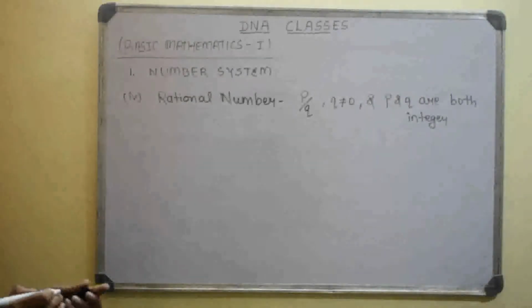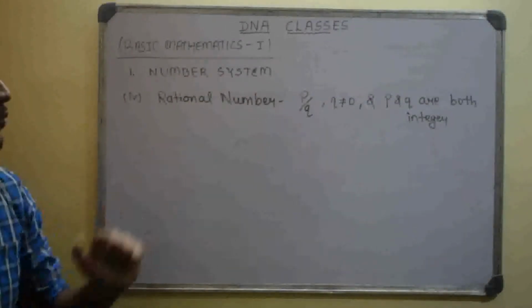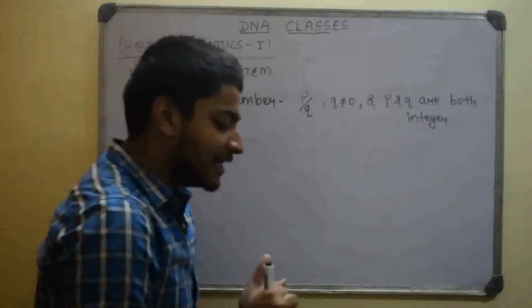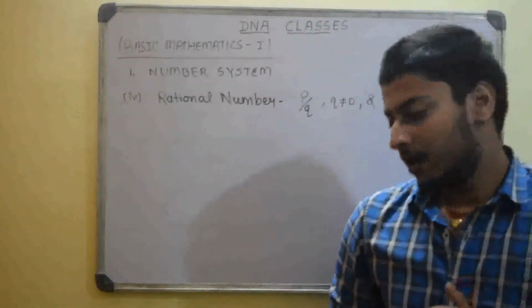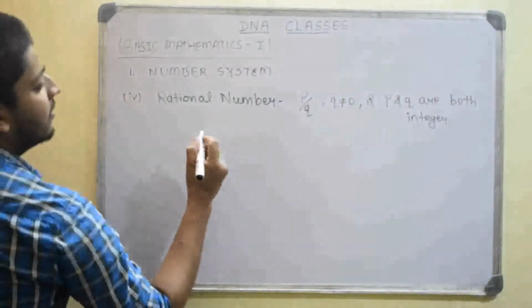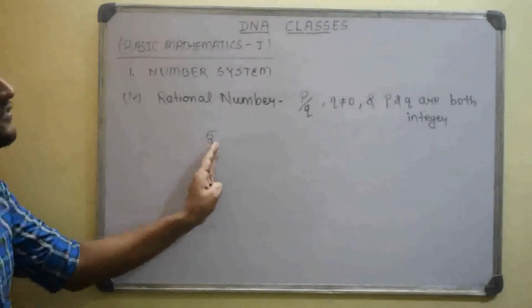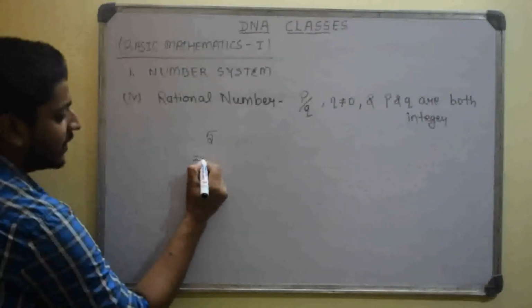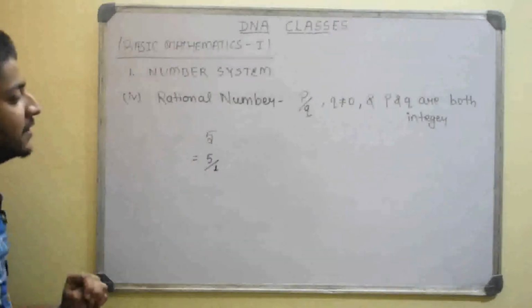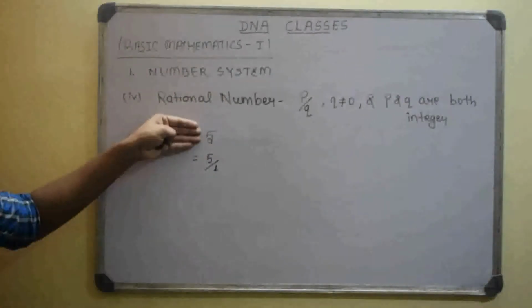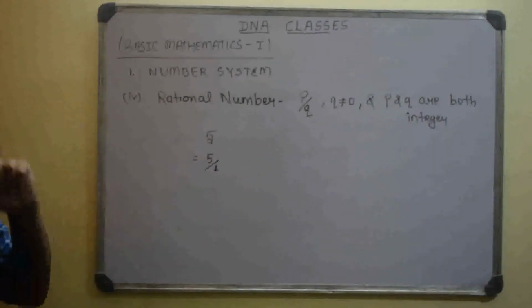Now what is the meaning of p by q? P by q is the representation of a fraction. Like if we take a number 5, we can write 5 as 5 by 1. So we represented 5 in the form of 5 by 1.